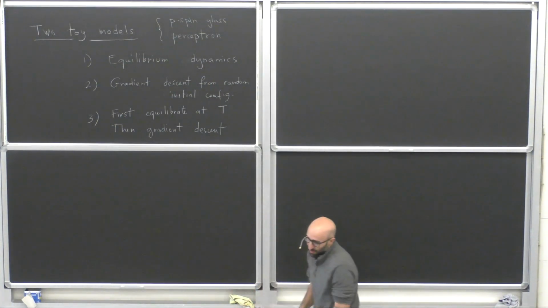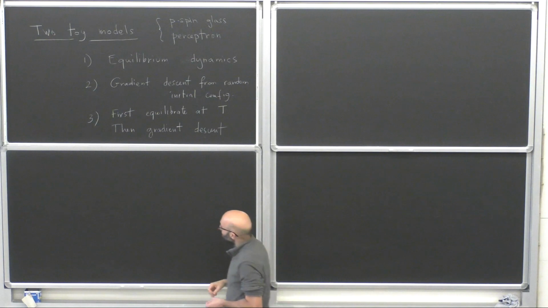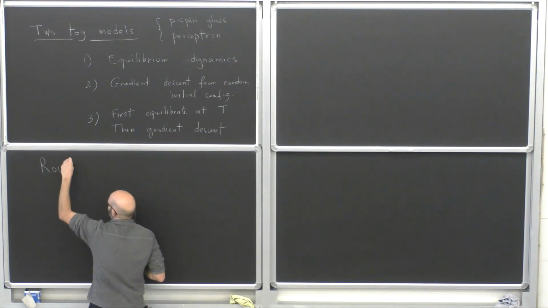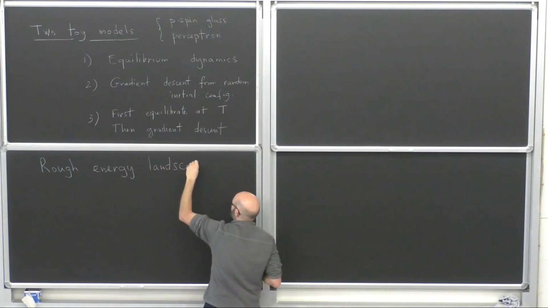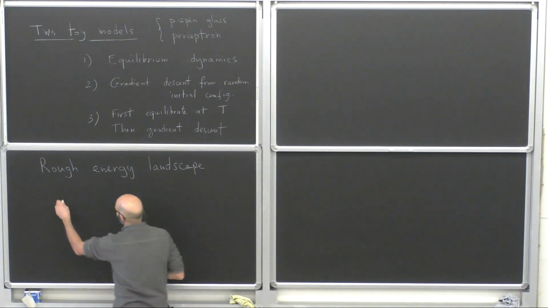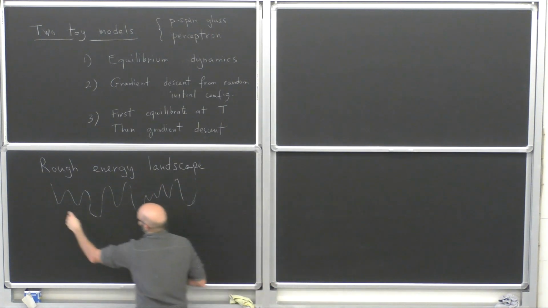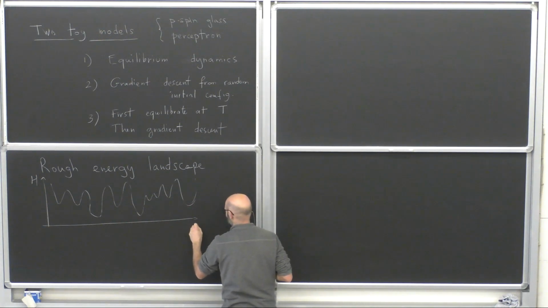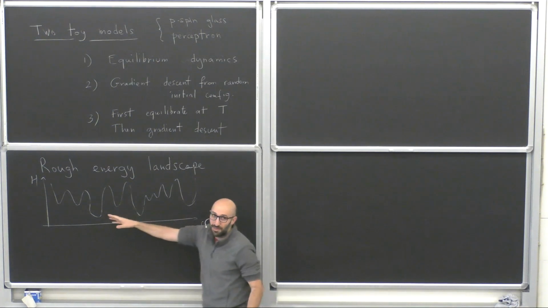The interesting thing that will control all this behavior is the existence in these systems of what is called the rough energy landscape, which means that when you look at the energy function, the Hamiltonian, there is typically a cartoon like this, where you have energy and degrees of freedom, some configuration space, and your energy function contains many, many local minima at different levels of energy.